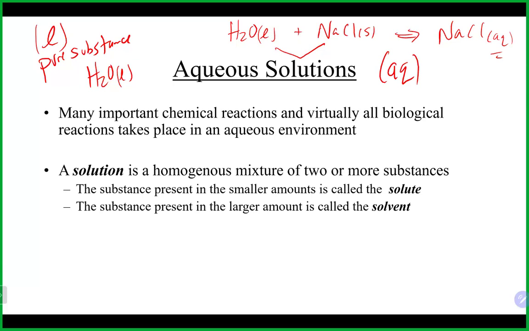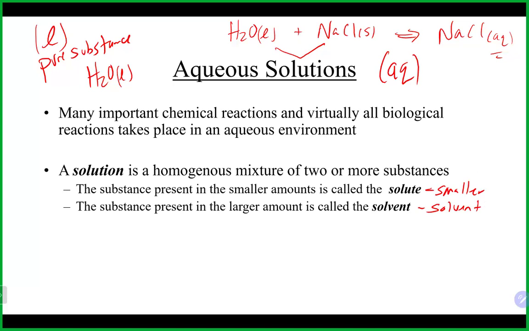When we talk about solutions, there's really two parts to a solution. There is the solute, which is the smaller part of the solution. That is usually the substance that's being dissolved in the larger part of the solution, which is the solvent.